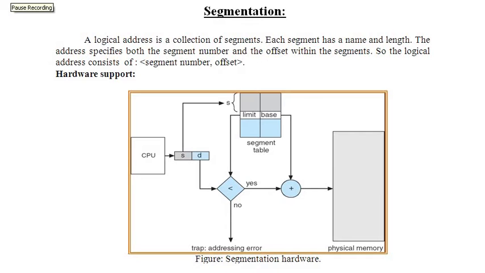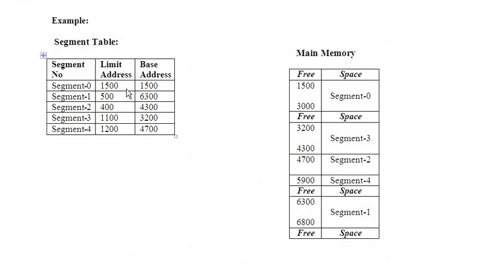Let us see the example. That will probably help you understand in a better way. We will have a segment table, as we have seen above. It usually has a segment number column, then the limit address and the base address.